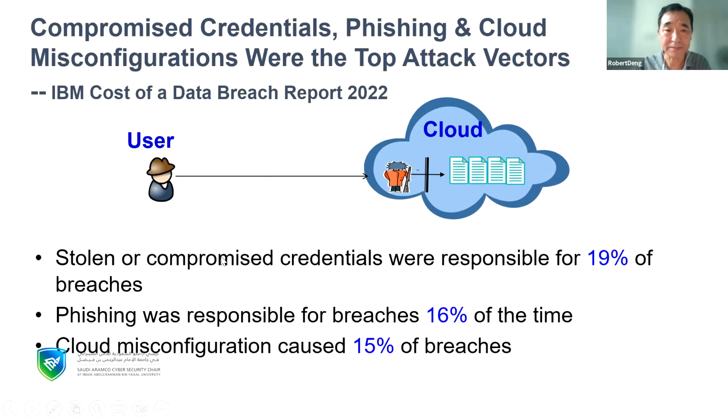There are some statistics. For example, stolen or compromised credentials are responsible for 19% of the breaches, phishing for 16%, and cloud misconfiguration, where the service provider can make mistakes, causes 15% of the breaches.